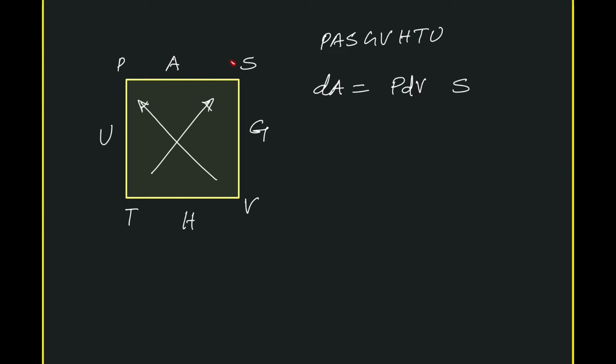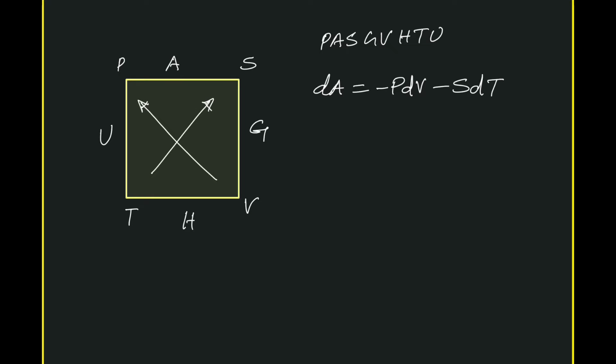Likewise, for S, the distant variable is T, so S dT. And for the side variables P and S, the arrowheads are pointing towards them. Whenever the arrowhead is pointing towards, we will have negative. So minus P dV and minus S dT.